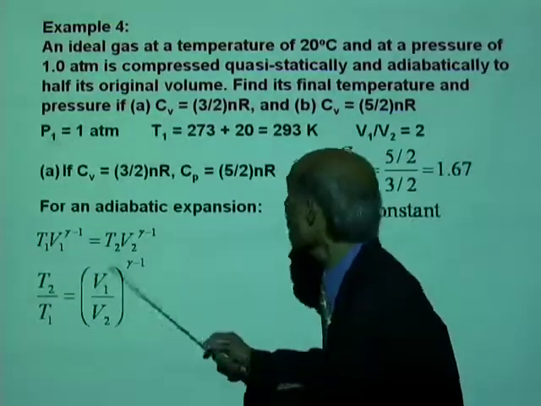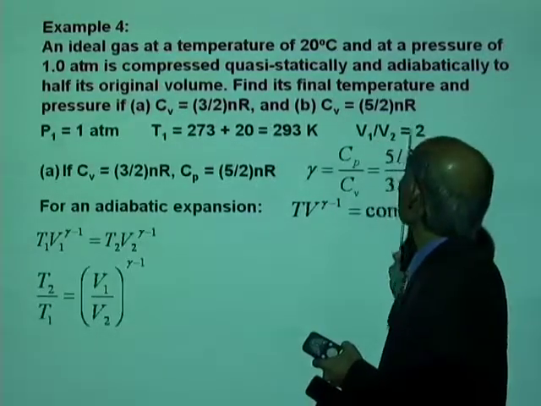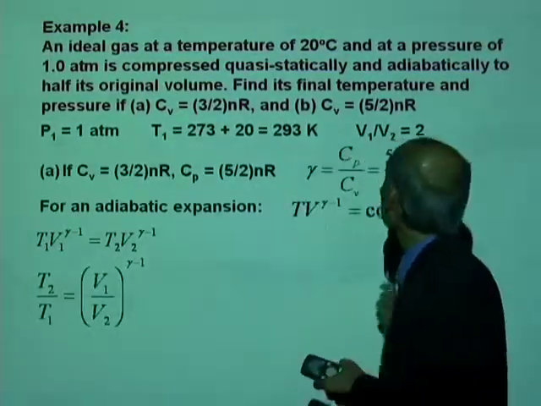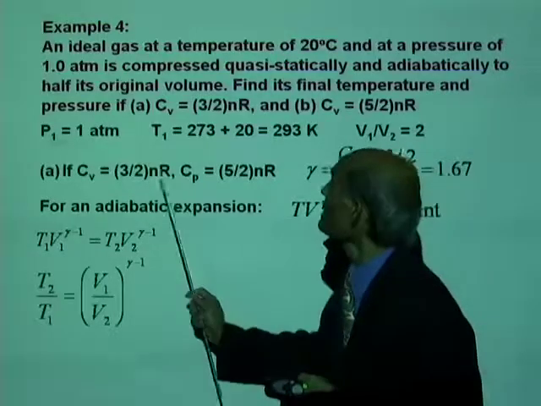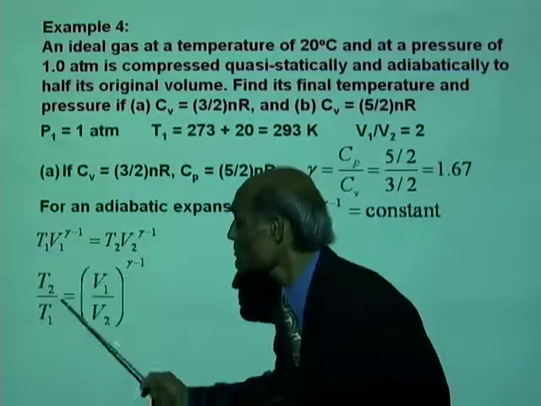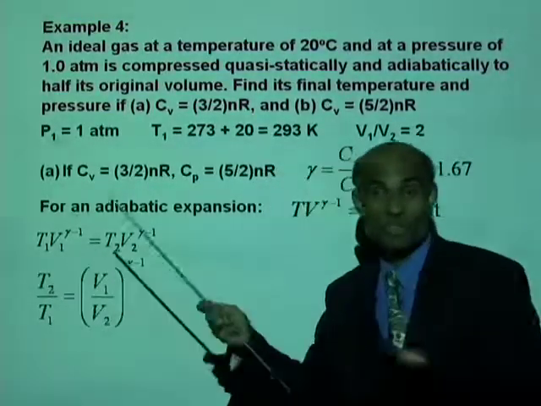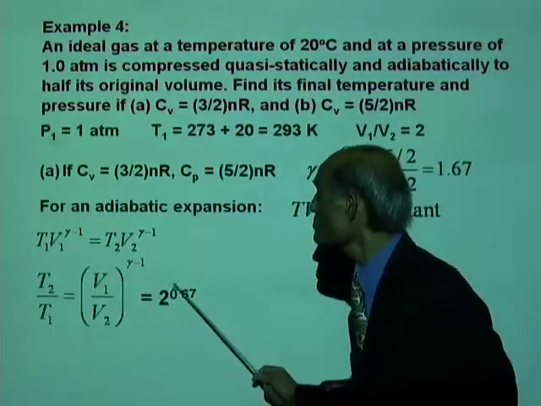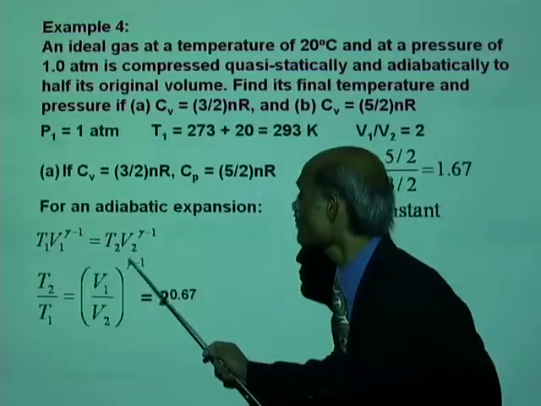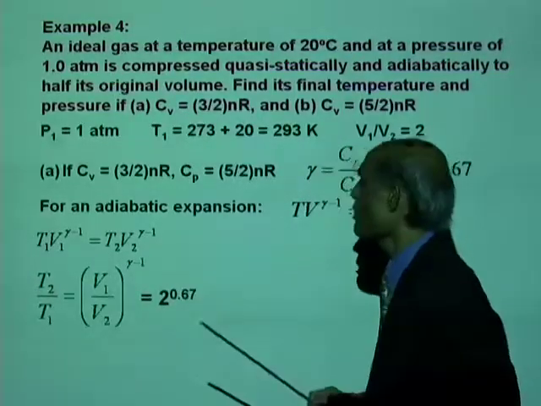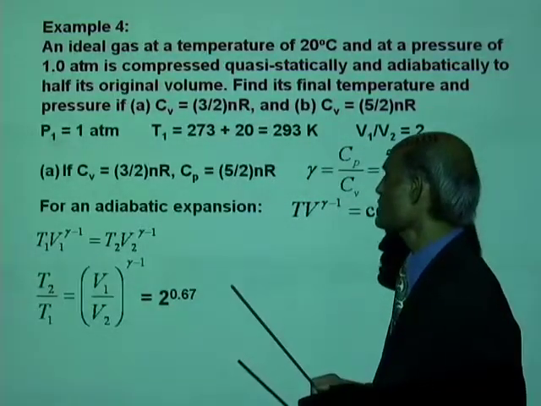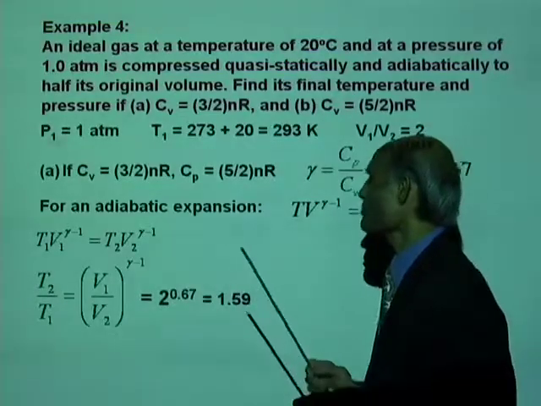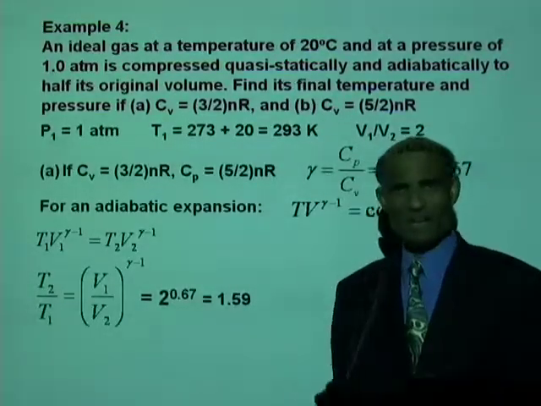Now you know V1 over V2 is 2, gamma is 1.67, T1 is 293, you can find T2. You see how simple it is? Now, this will be 2 to the power of 1.67 minus 1, which is 0.67. And what is 2 raised to the power of 0.67? Use a calculator for that.